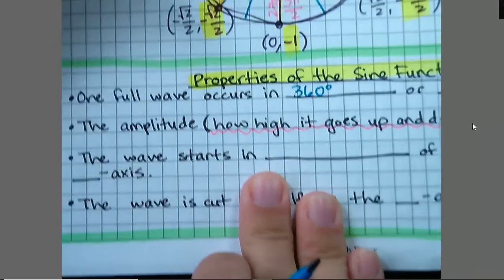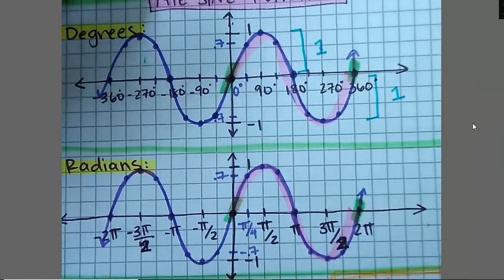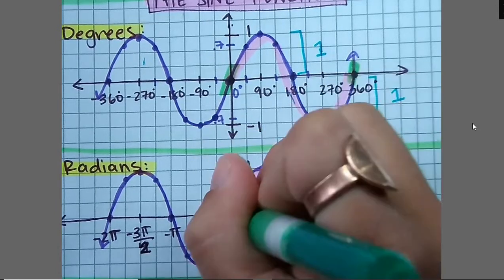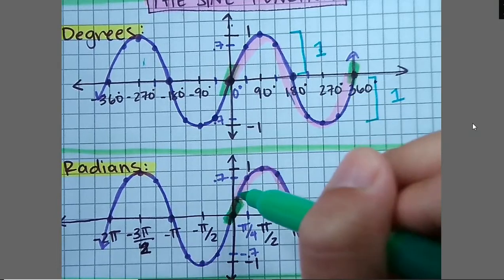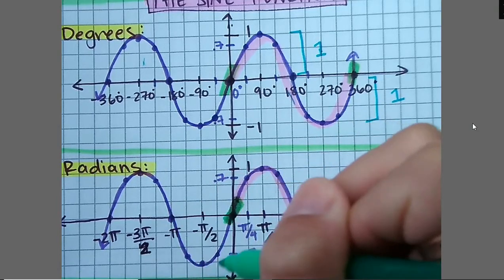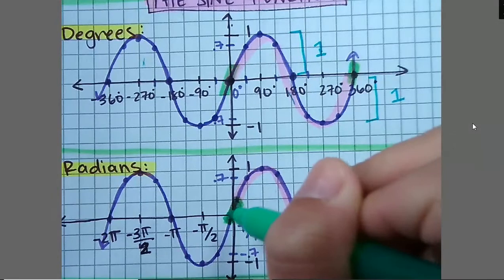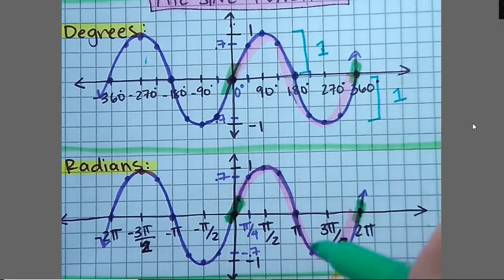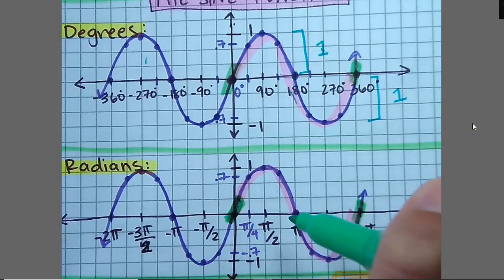Okay, so let's look here. Each wave is starting on this slanted part of the wave on the y-axis. Okay, so we're starting here at the slant. This is sort of in the middle of one of the waves. Okay, so it's starting at 0, 0. We call this the middle of the wave because it's in a place sort of like this. Okay, this is half of a wave, this is another half of a wave.